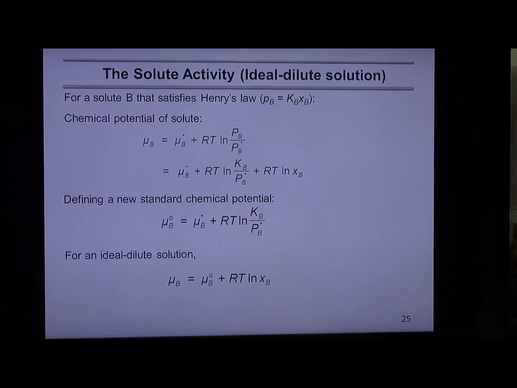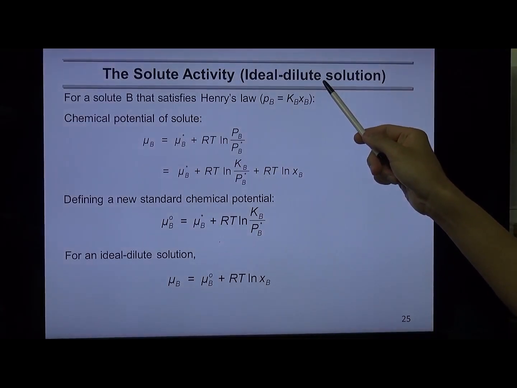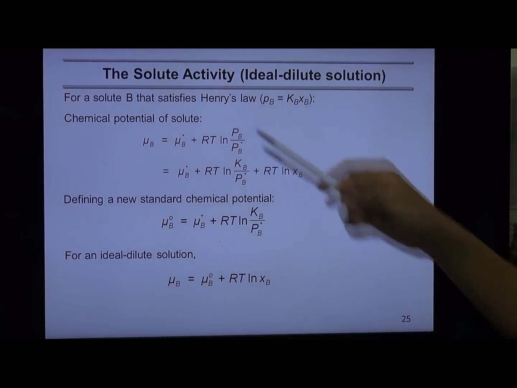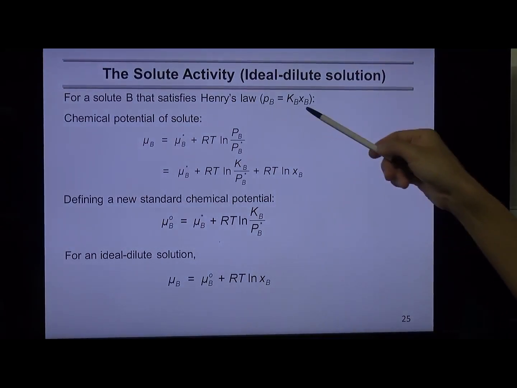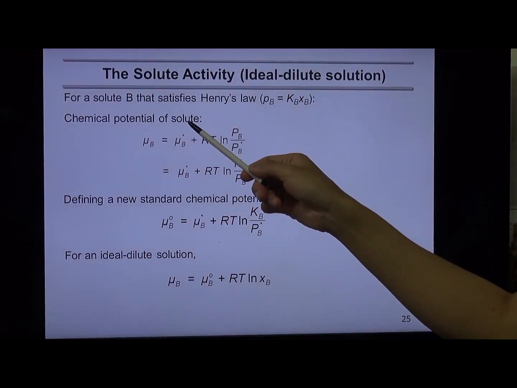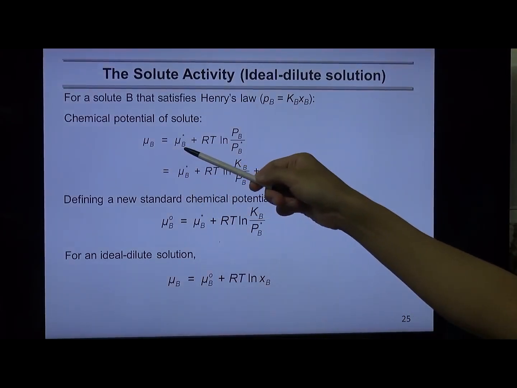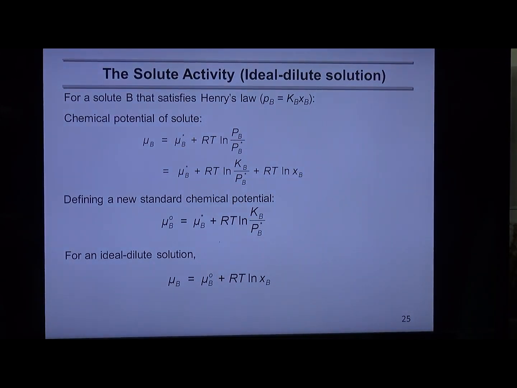For an ideal dilute solution, which basically follows Henry's law, if you remember Henry's law, Henry's law is described as this equation: pB is equal to KB XB. Then the chemical potential of the solute can be represented as this: mu B is equal to mu B star plus RT ln pB over pB star.